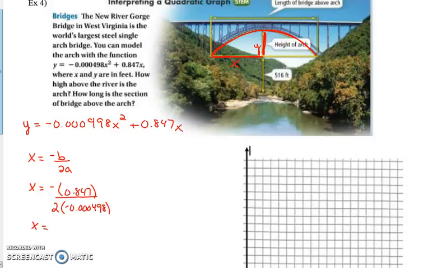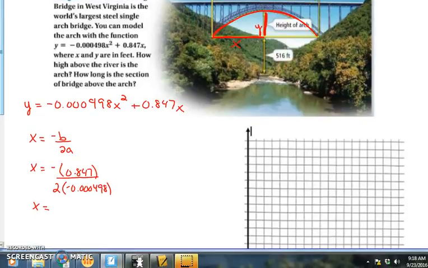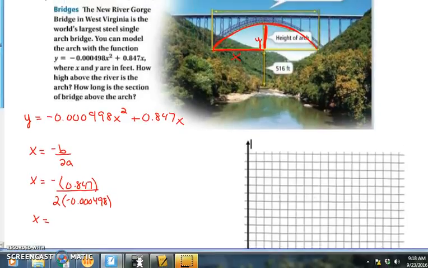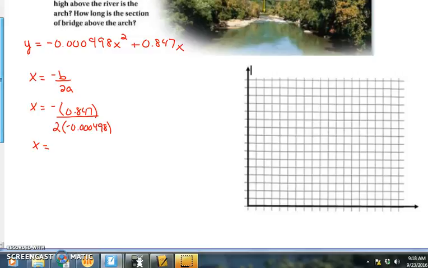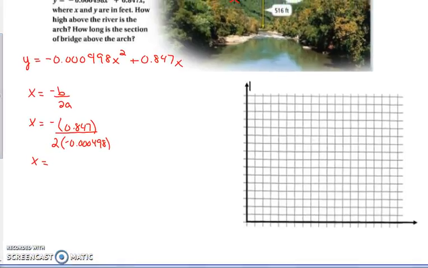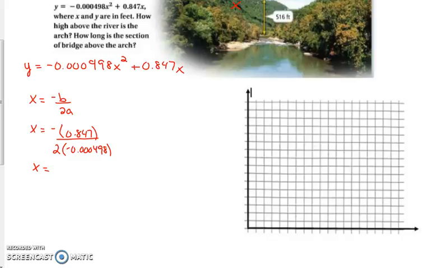And again, I'm going to pause for a second and let you figure out what the x value is there. And hopefully you have 850.4016. And I'm rounding it there.